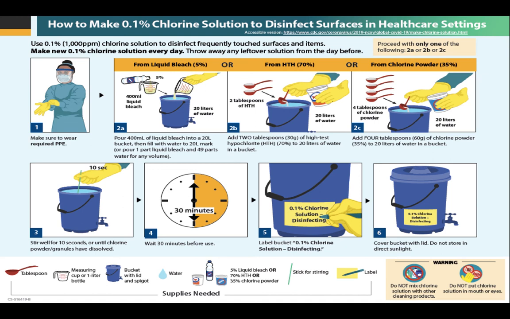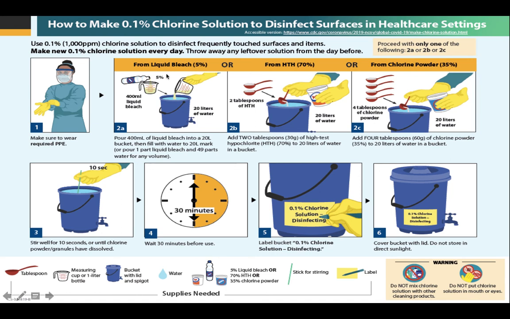And so you would use bleach as well as water to make a disinfectant. You do not need a lot of bleach in particular. You could use 400, as our example shows us, 400 milliliters of bleach and 20 liters of water to make a disinfectant. So your disinfectant only needs to be 5% bleach based on whatever size that you use.